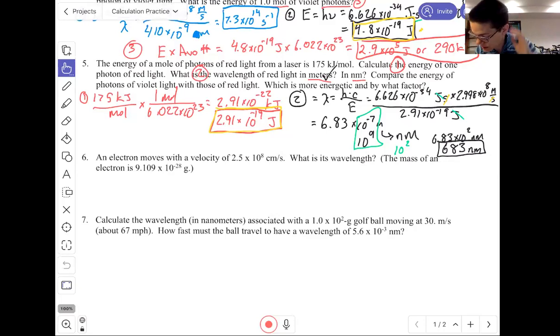Okay, so questions 6 and 7 on the bottom are talking about wavelength and mass. So the whole notion of de Broglie's thing with wavelength is he said electrons are not actually particles, they're waves, which is kind of weird, but he was like, okay, if they're waves, you know what? Every particle is a wave.